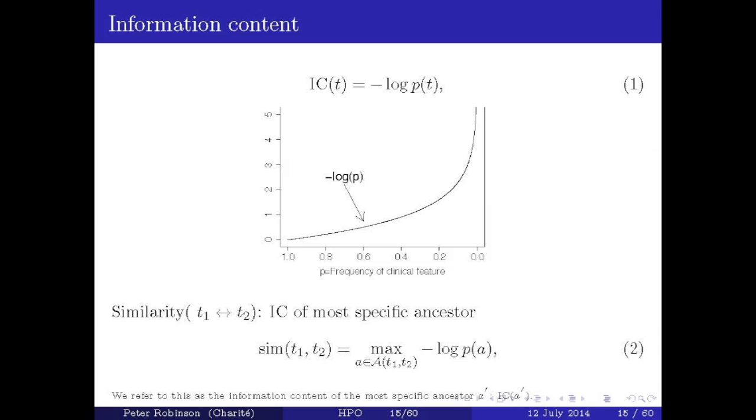So if we imagine that this logarithm is a decadic one, so a base 10 logarithm, and 1 out of 10 items in my database have this term, so 1 out of 10 diseases have fever, then the logarithm of 1/10 is -1, so we have a minus here, so the information content is 1.